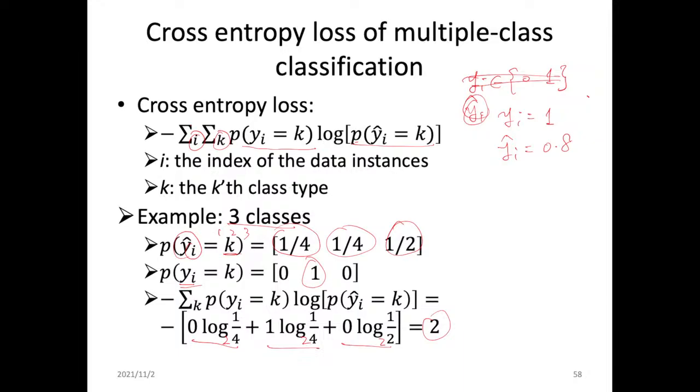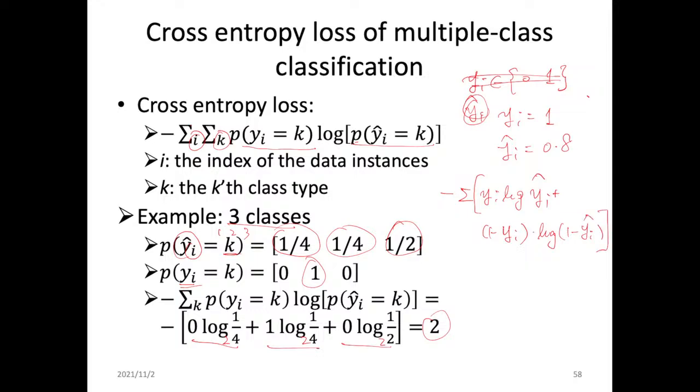Then the cross-entropy loss we introduced last time is defined as negative summation of yi log yi hat plus 1 minus yi times log 1 minus yi hat.